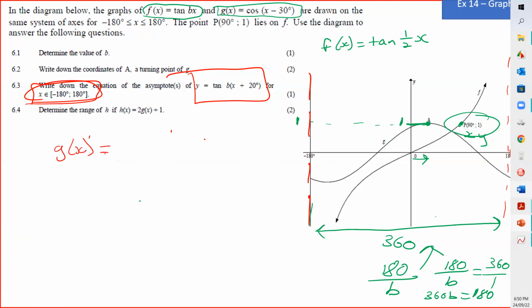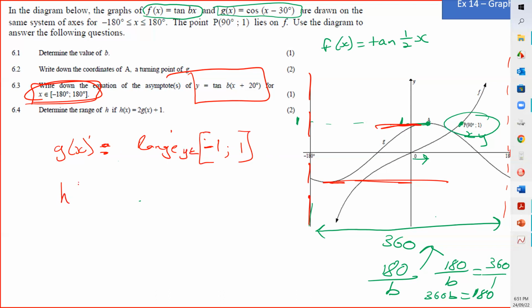What is the range of g of x as we see it right now? If we look at the range, the g graph has a maximum value of 1, and the lowest value of that graph will be -1. So right now, the range of g is actually running from -1 to 1, and we should say y is an element.